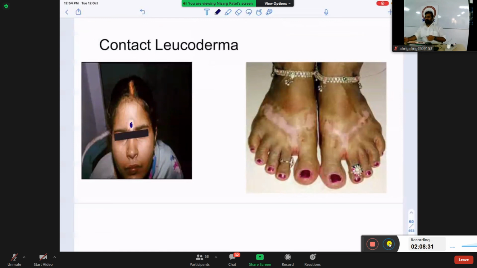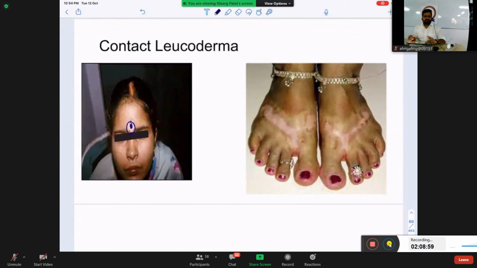When a lady applies this bindi on her forehead, this chemical goes to the basement membrane and destroys the melanocytes, permanently. She will have a depigmented area on her forehead.